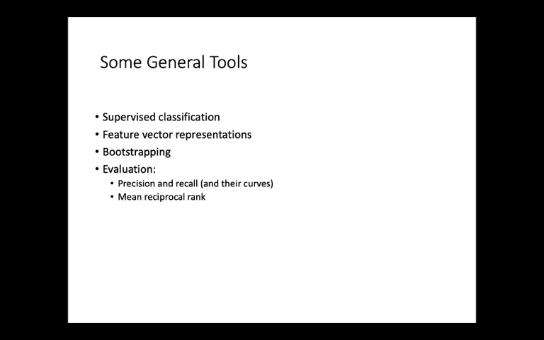So another thing is feature vector representations. So this will come up again and again. It's very key to modern NLP. We represent everything as vectors. Sometimes the dimensions of these vectors correspond to particular interpretable features, like the frequency of a particular word.